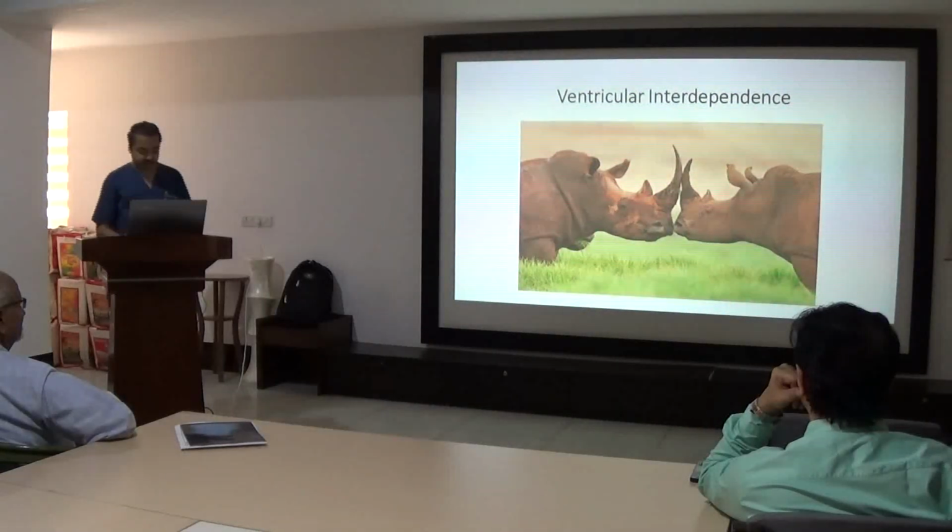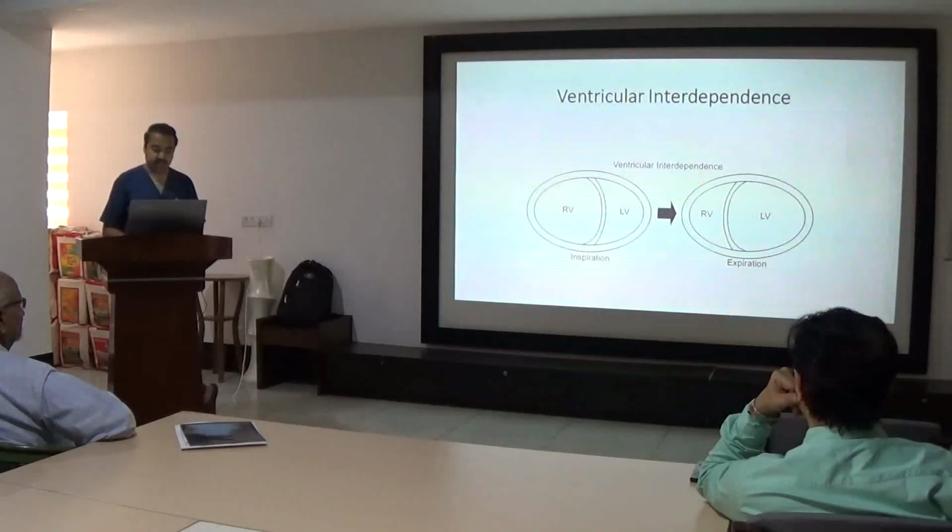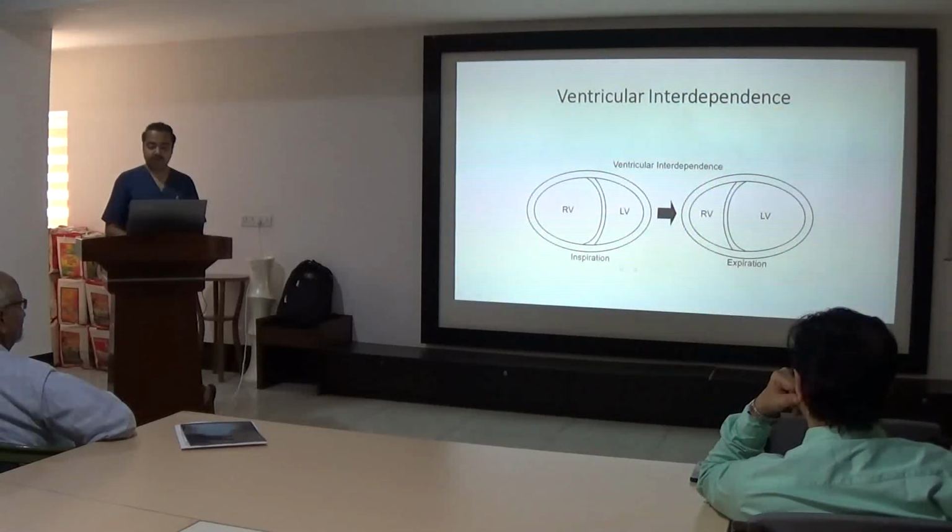There is a very important concept of ventricular interdependence which applies to constrictive pericarditis, and it goes like this. During inspiration, when RV volume increases, the total volume is fixed, so the LV has to get compressed and the septum moves towards the LV. Actually it is opposite. During inspiration what happens?